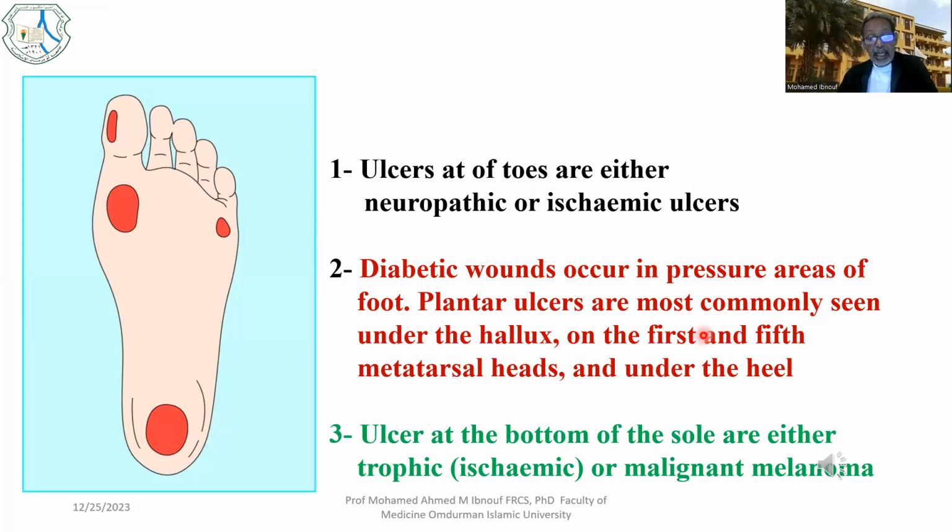The plantar ulcers are most commonly seen under the hallux, the big toe, and on the first and fifth metatarsal heads, opposite the first and fifth metatarsal heads, or in the heel area. And the ulcers at the bottom of the sole of the foot could be either trophic ischemic ulcers or malignant ulcers.